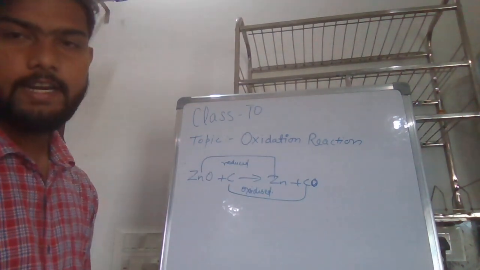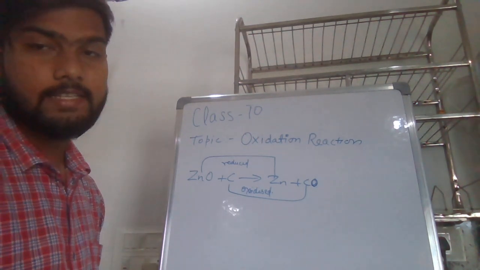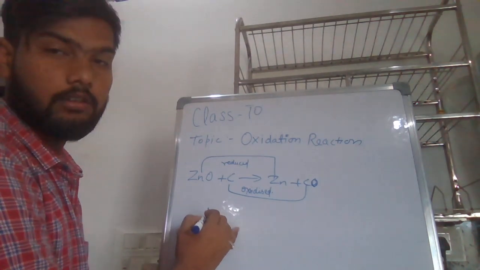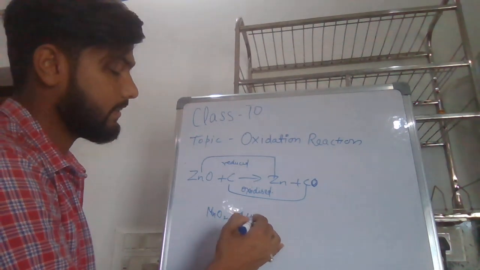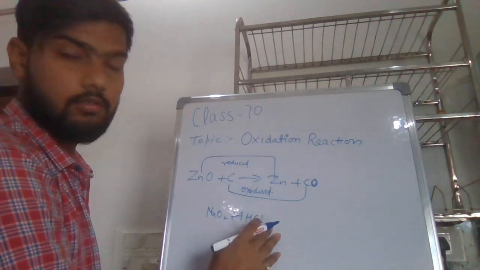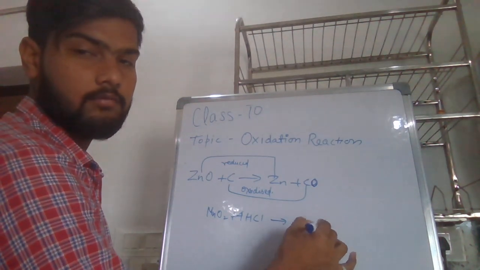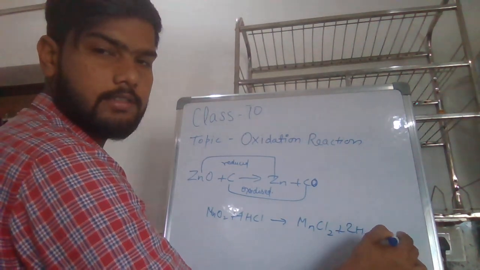There is one more equation, MnO2 plus 4HCl, which is converted into MnCl2 plus 2H2O plus Cl2.